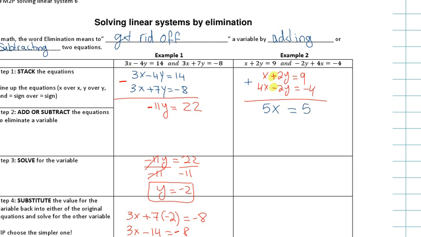Okay. Now, to isolate the x, what do I do? Divide both sides by 5, right? So I get x equals 1.